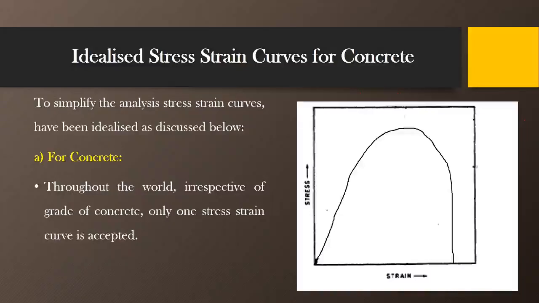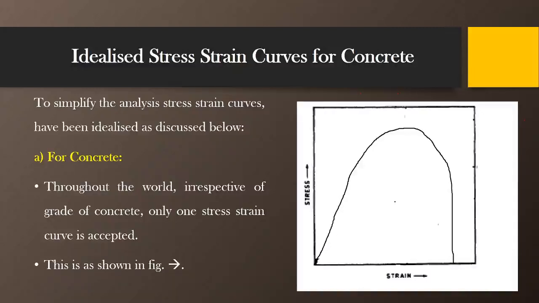Depending on the characteristic strength or the grade of concrete, this curve may vary, but this is the general nature we obtain for concrete. So this is a normal curve we get after performing a compression test on concrete blocks. But for actual designing, we are not using this curve.